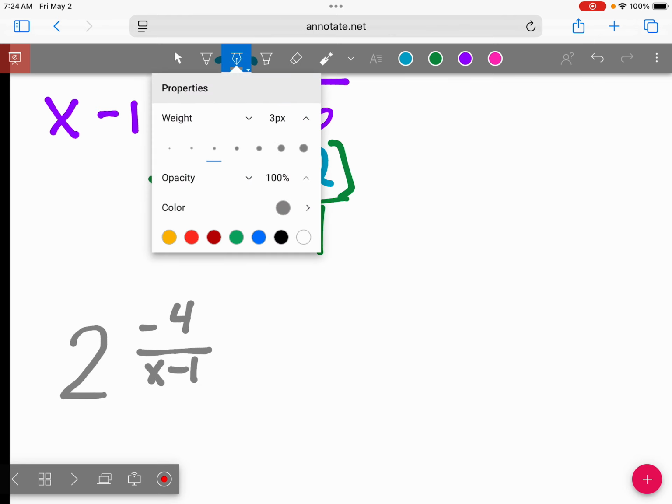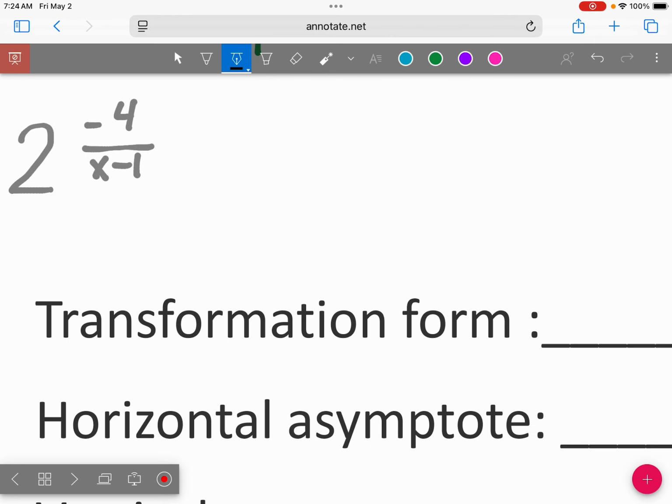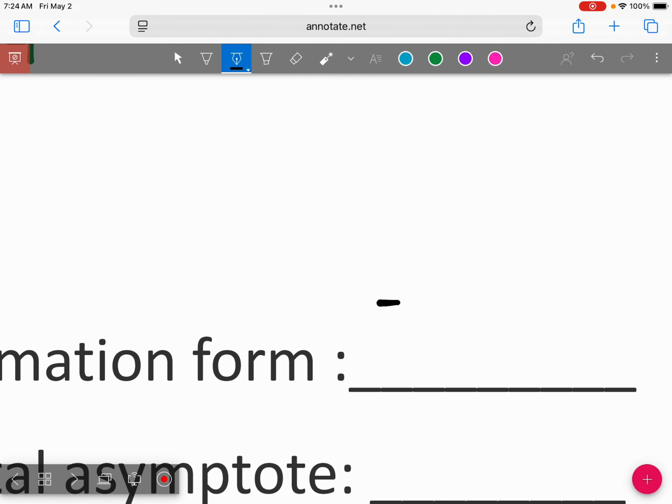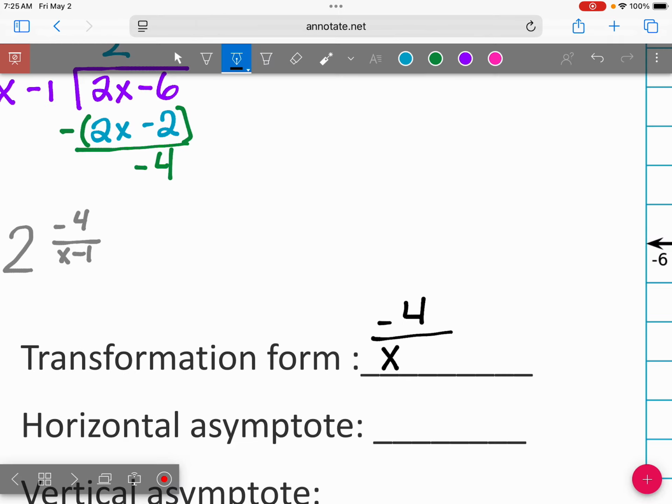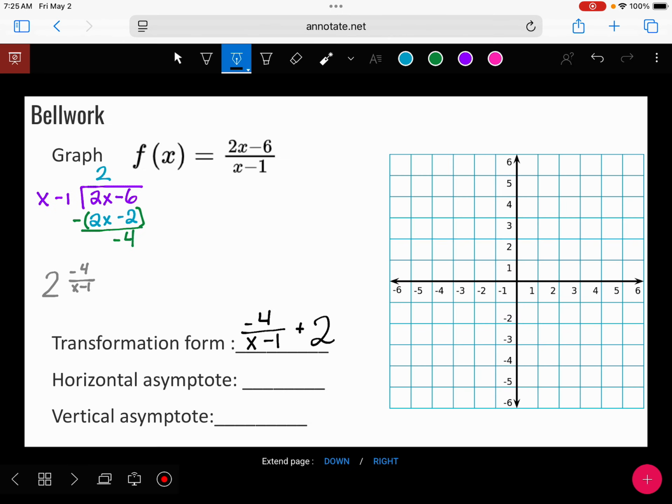So we could write this in our transformation form just by flipping those two pieces. So we have our minus 4 over x minus 1, and then plus 2. So this gives our transformation form here.